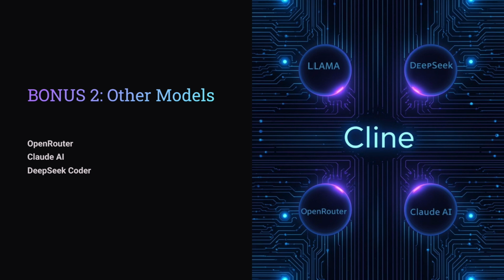Each API gives Cline a different kind of intelligence, speed, or budget comfort. This means you can choose what suits your work, from powerful paid models to completely free ones that still perform well. Once the key is added inside Cline's settings, the setup is smooth, and you can start coding with whichever model works best for your project.